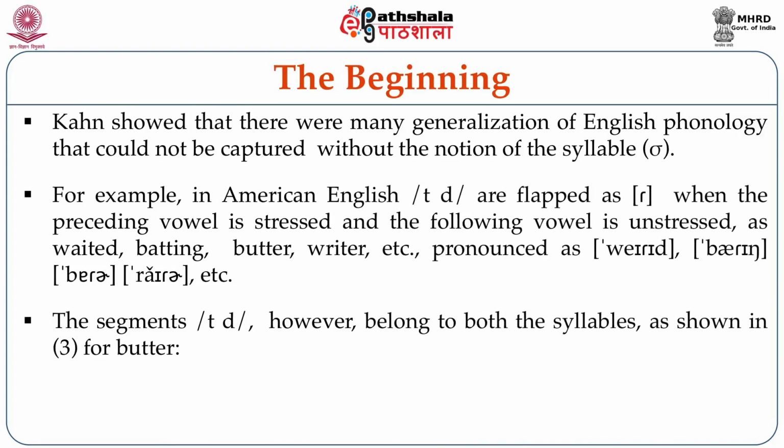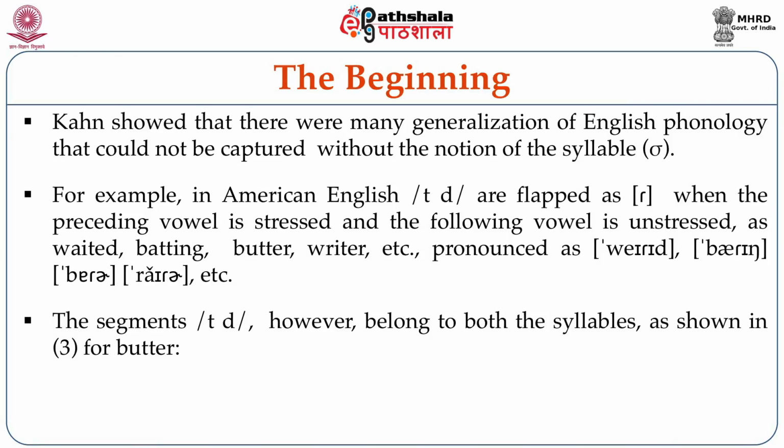One of the processes that directly involves the syllable is what is known as flapping. The flapping rule in American English says t and d, the alveolar consonants t and d, are flapped, that is, are pronounced as a flap, something like r, when they occur in a certain context.